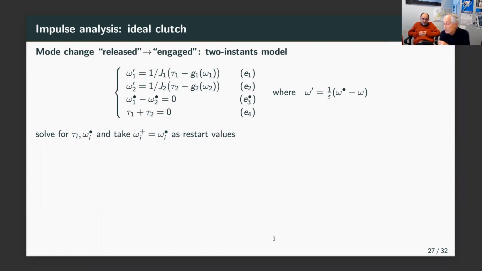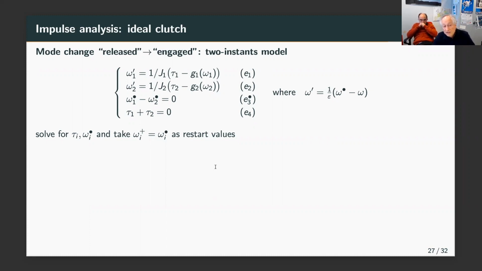As a result, the torques will be infinite for an instant. So they are impulsive. And the question is, what analysis is needed to generate correct simulation code for such impulsive behavior? This is what I'm going to discuss right now.